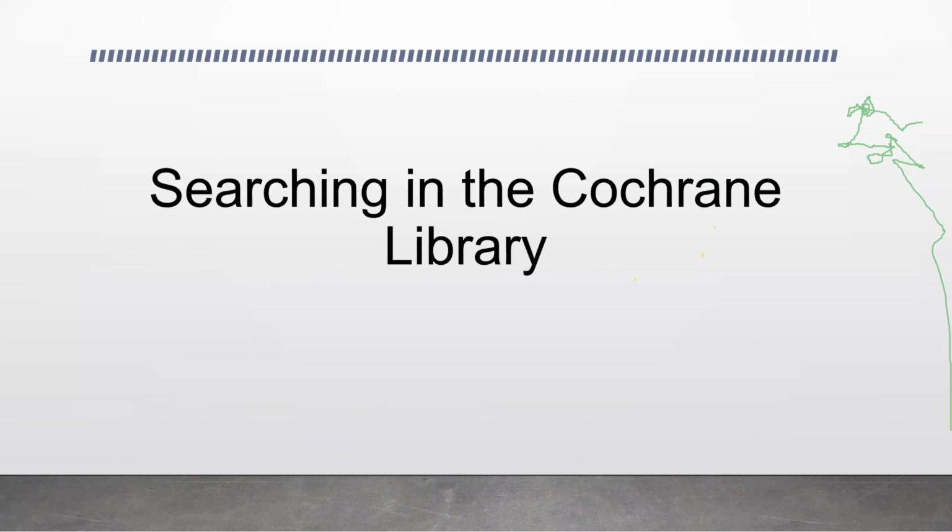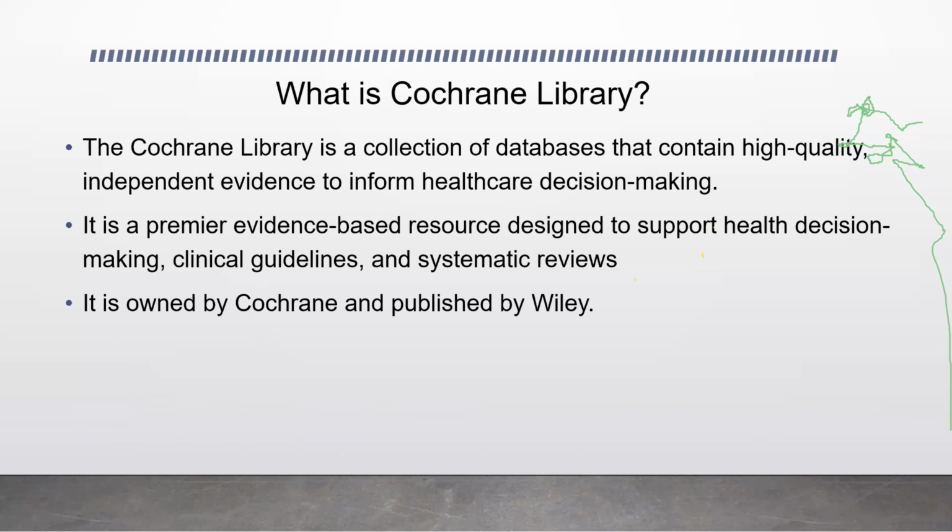So now let's move to Cochrane, how you can conduct a systematic search in the Cochrane library. But first, what is it? The Cochrane library is a collection of databases that contain high quality, independent evidence to inform healthcare decisions.